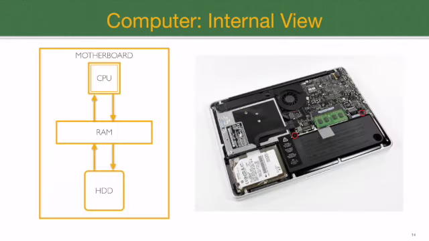What do we have inside here? So here is a laptop opened. This is what you see inside when you open an Apple laptop, the older Apple laptops, not the newer ones. Inside there are multiple items. For example, this portion over here is the battery of the computer, and other stuff.